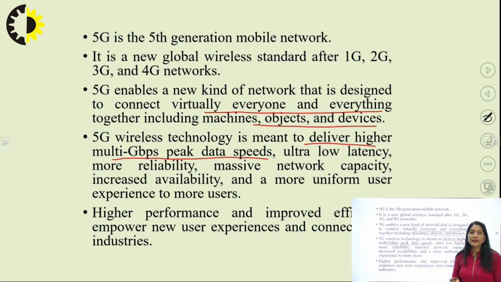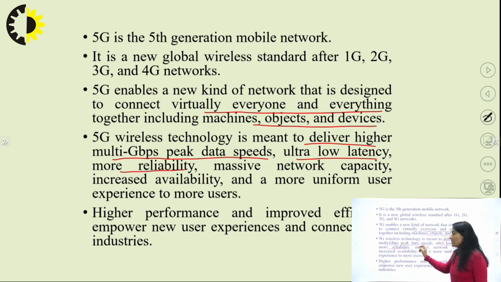So, expected data rate would be multi-Gbps. It means not only 1 Gbps, we are expecting to get a 10 Gbps data rate. Ultra low latency means the delay would be very low, in terms of milliseconds.